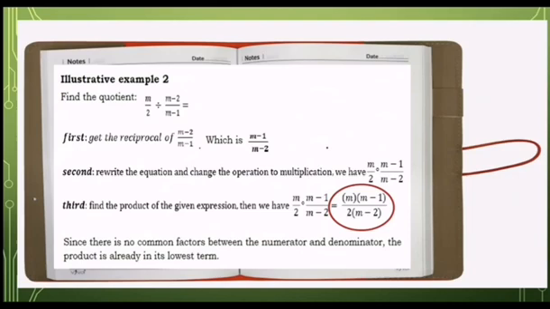Third, find the product of the given expression. Then we have m over 2 times m minus 1 over m minus 2 equals m times the quantity m minus 1 over 2 times the quantity m minus 2. Since there are no common factors between the numerator and denominator, the product is already in its lowest term.